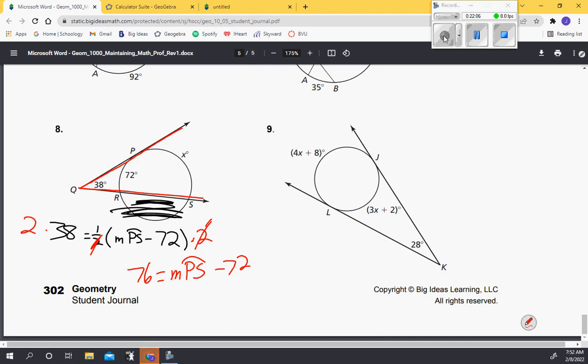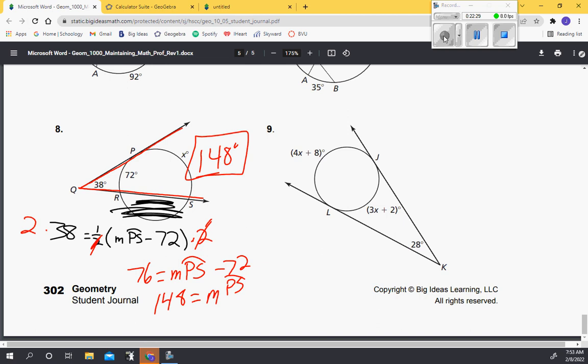Just add 72 to both sides. The measure of arc PS is 148, which is x. So it's just using algebra. That's it.